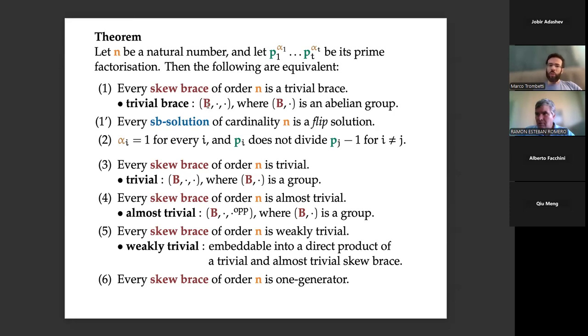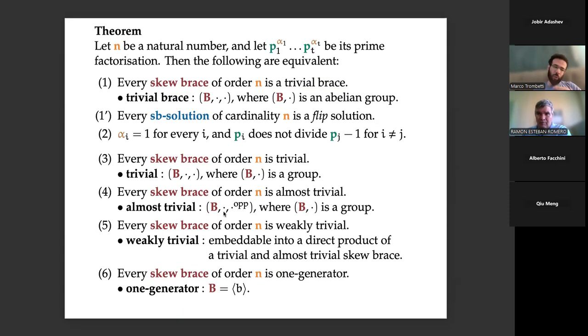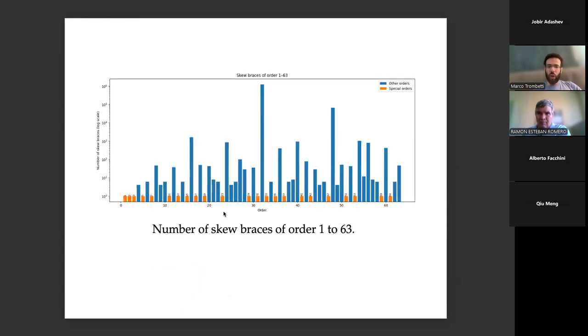So besides the first condition, which is a stronger condition and says that all skew braces of that order are trivial and abelian, this also means that those must be one generated. So on this orange level, you get a lot of information, which is nice.